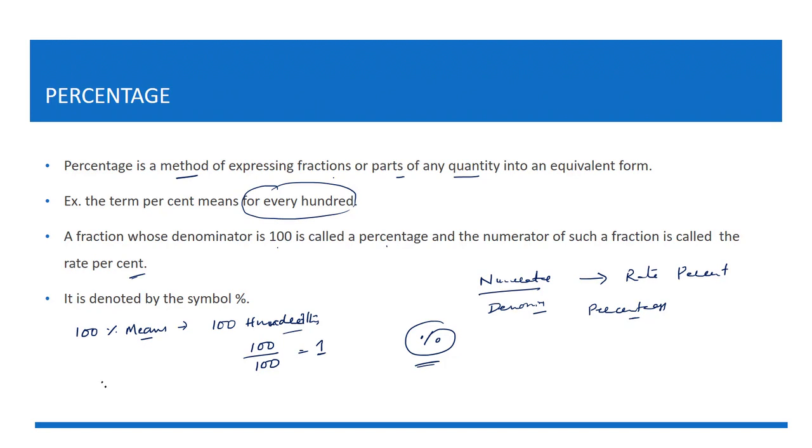If it is 50%, it is 50 hundredths, represented as 50 by 100, which is going to be 1 by 2. In other words, the rate percent is the quantity for every 100.